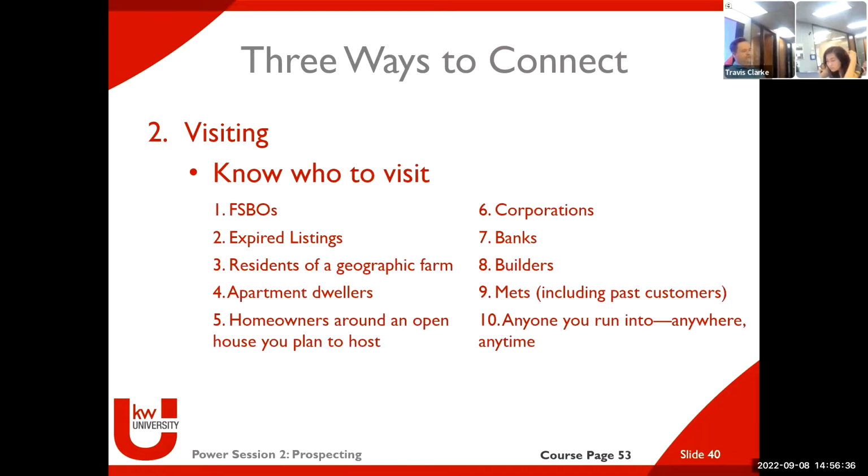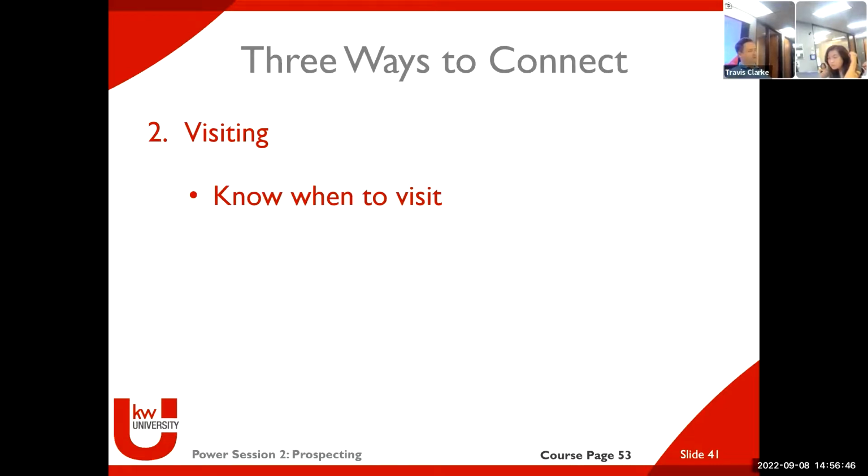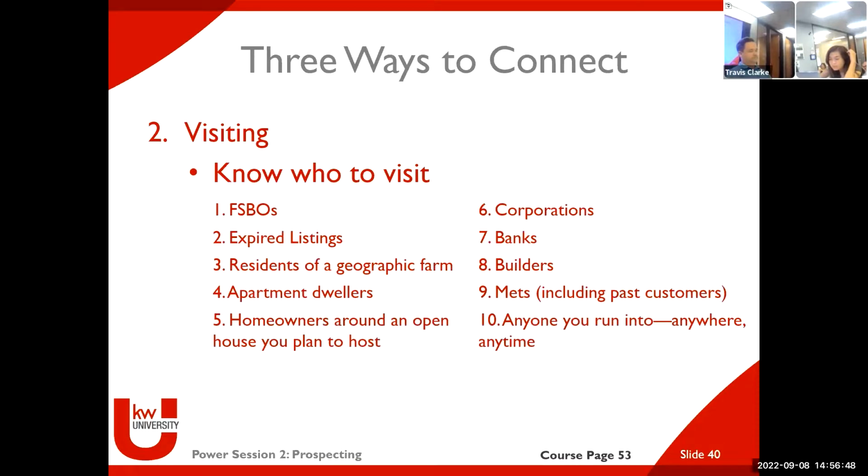So who to visit, for sale by owners. I just talked to you guys about that. Expired listings. Get door knocking, expired listing, right? Residents, if you're geographic farm, Myrna, you do that. Okay, apartment dwellers. So there's a script that I have that we'll work on. Those big apartment complexes, like let's say there's one in San Jose, there's like 300 apartments in there.